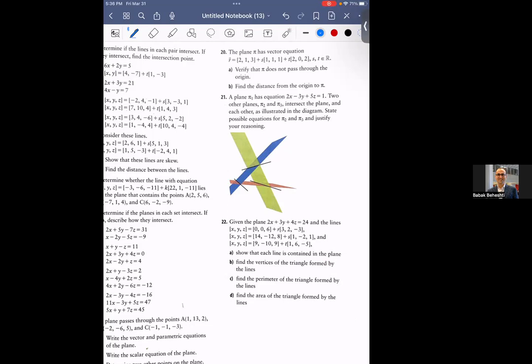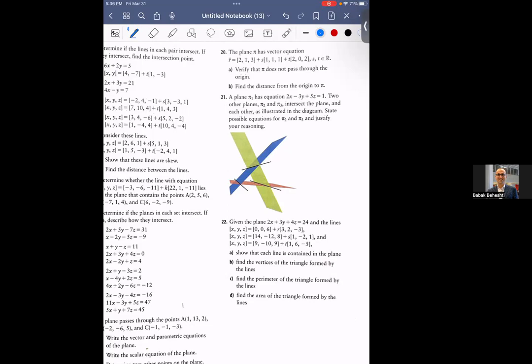That means one of them is a scalar multiple of the other one, so the two planes are parallel. If two planes are parallel but not identical, then they don't intersect.